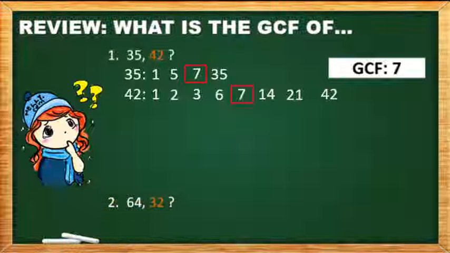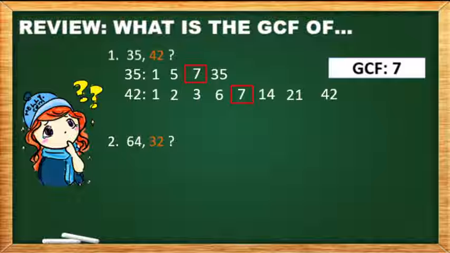So, next one, 64 and 32. Without using the listing method, we can find the GCF of two numbers by ourselves. Kung kaya mo naman hanapin kaagad ang GCF ng dalawang numbers. Paano ba yun, Sir TJ? Think of numbers that can divide these two numbers.